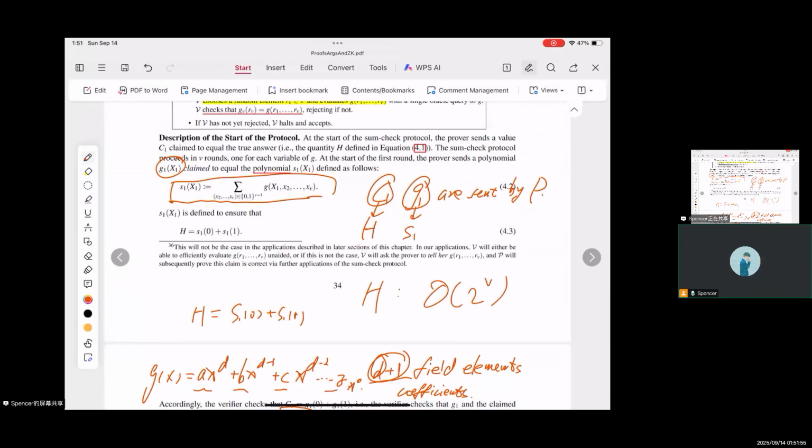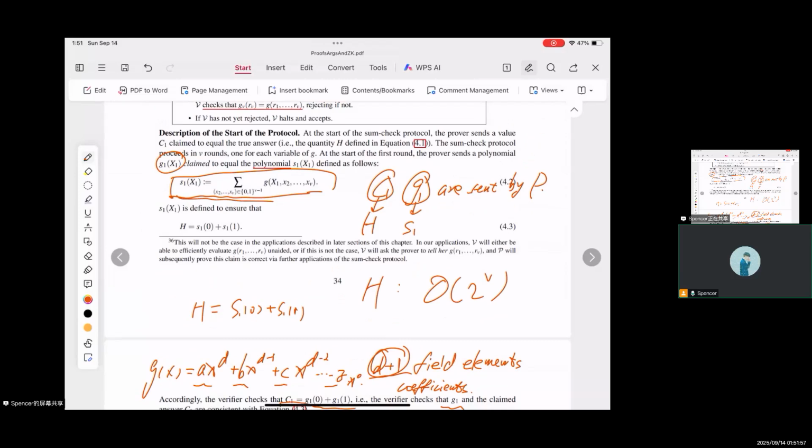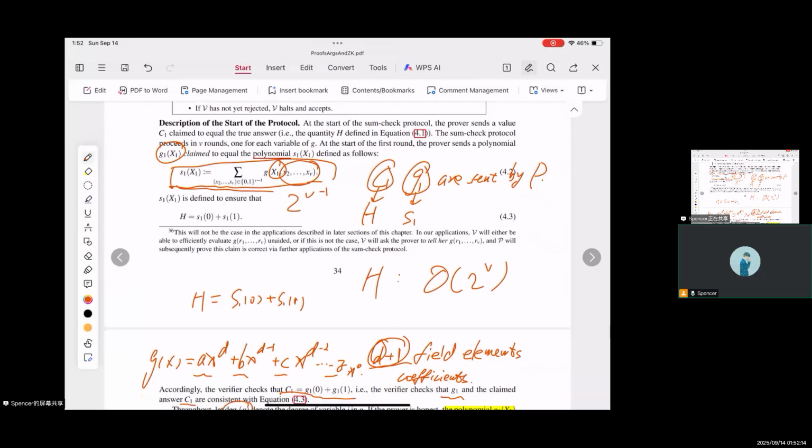But for this S1, x1 is a variable, and there will be no inputs for this one. For the remaining x2 to xv, each one has 2 possible inputs, so there will be 2^(v-1) runtime. So only a factor of 2 smaller than calculating h.